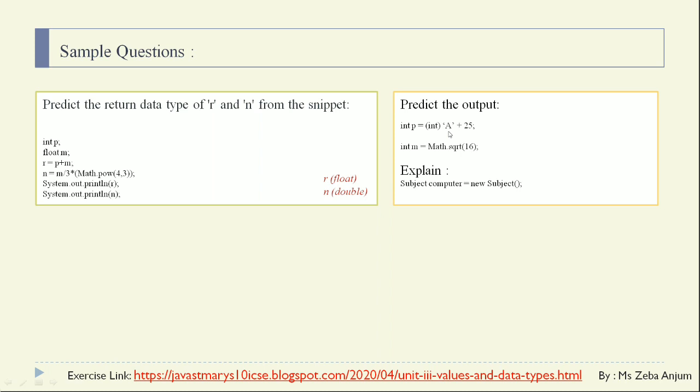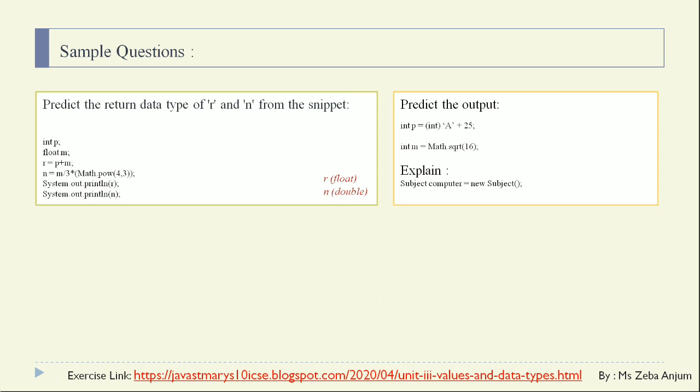And wherever we have discussed the ASCII values as well as the Unicode character, you can see over there that we are having 65 as the ASCII value of a. So for this integer a only, the value is being converted into integer data type, and it means your ASCII value will be kept over here. So 65 plus 25, 90 we are having, and p will be holding the 90 value.